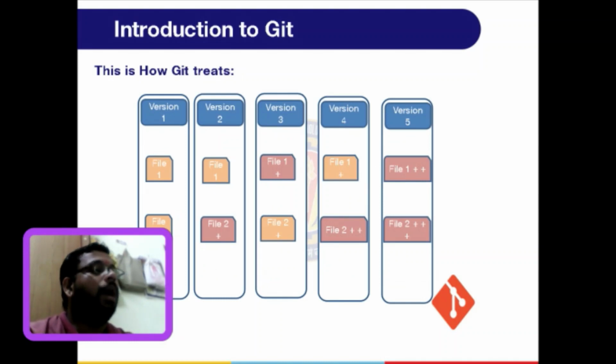This is how Git treats version 1: file 1, file 2; version 2: file 1, file 2 plus; version 3: file 1 plus, file 2 plus; version 4: file 1 plus, file 2 plus plus; version 5: file 1 plus plus, file 2 plus plus plus.